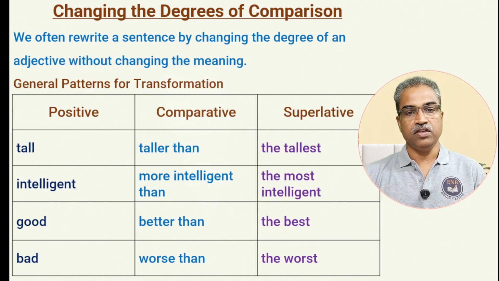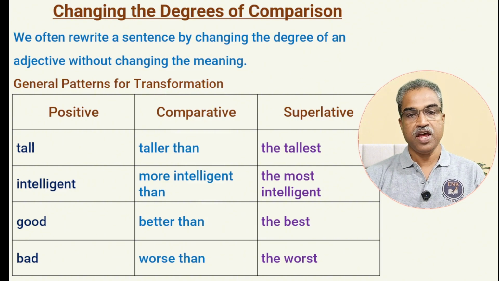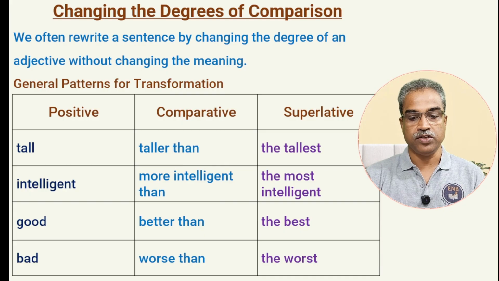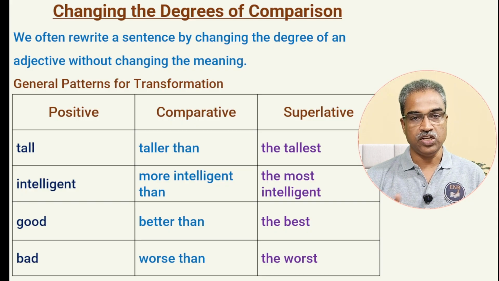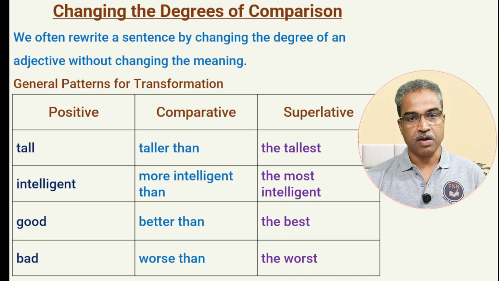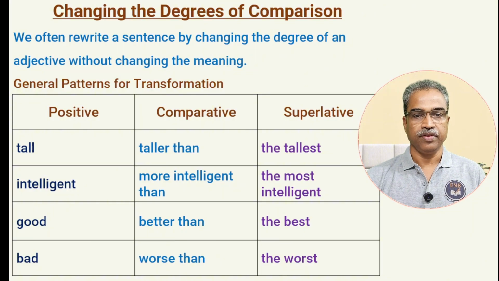Alright, changing the degrees of comparison. We often rewrite a sentence by changing the degree of an adjective without changing the meaning. It's important. Whenever we interchange, positive to comparative, comparative to positive, comparative to superlative, superlative to positive, comparative, there are various ways of changing degrees. The one thing that we need to remember is we never change the meaning. Every sentence has to keep its meaning intact.